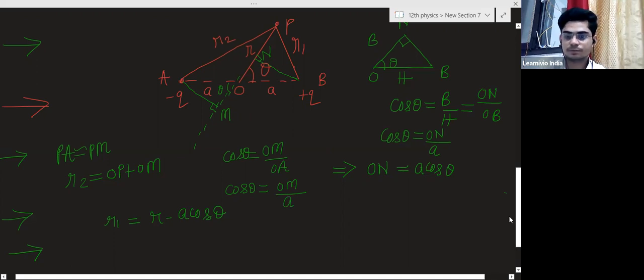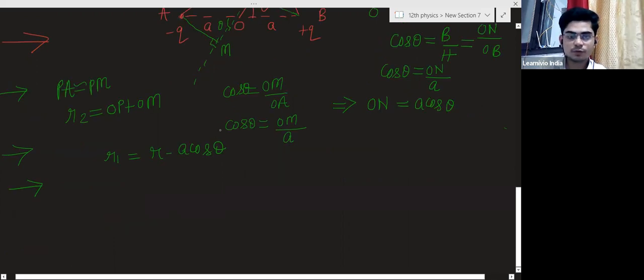So we will use this. From here, OM can be calculated as A cos theta. So now we will put this value of OM here.